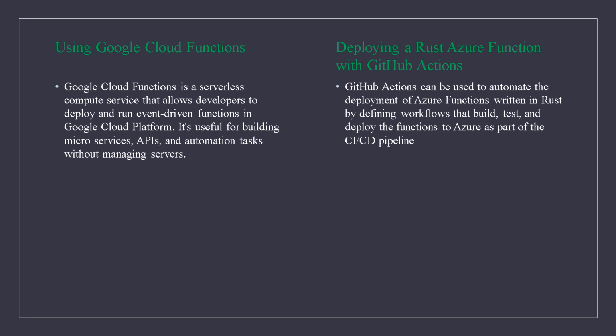Then we talk of deploying a Rust Azure function with GitHub Actions. From the previous slides, we saw GitHub Actions, like GitHub Projects, collaboration, the pull, the push, the merging, version control, automatic deployment, all that.